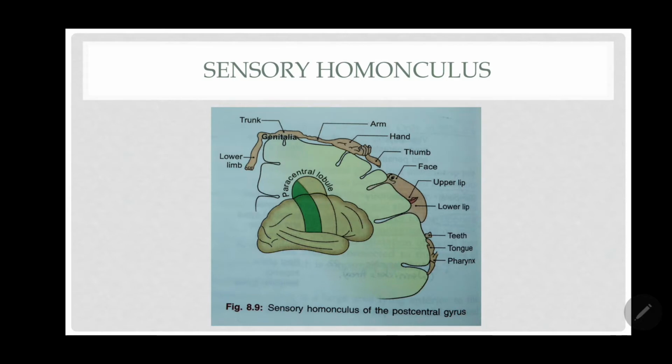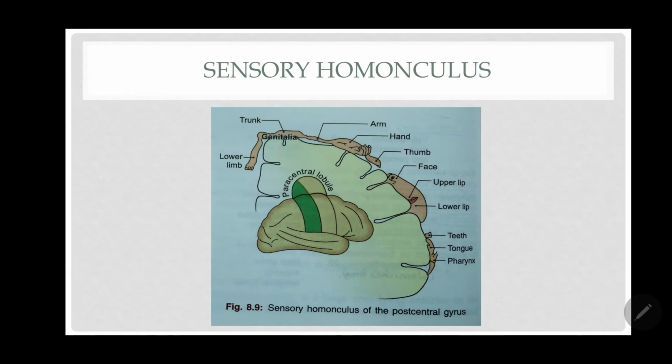So the more sensitive body parts have been given a larger area of representation, because more afferents are reaching from those areas. So you see the face has a bigger representation, especially the lips area, and the thumb, the index finger and the palm also have a bigger area, because these areas have more ability to appreciate and discriminate between different types of sensations.